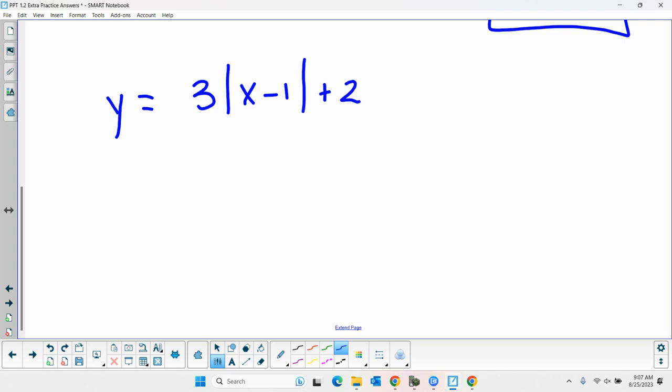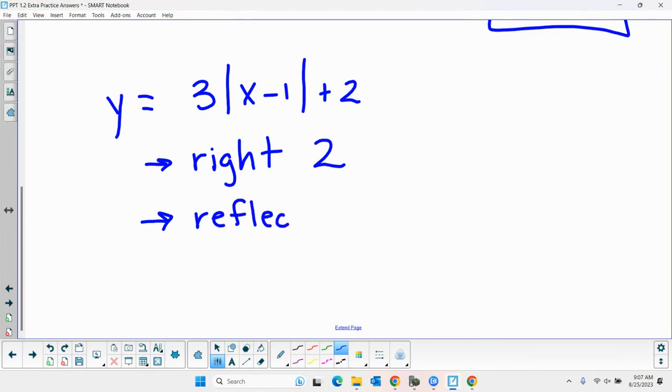Let's move it right 2 and reflect about the y-axis. All right, and we'll go over that in a couple minutes, and we'll be done for the day.